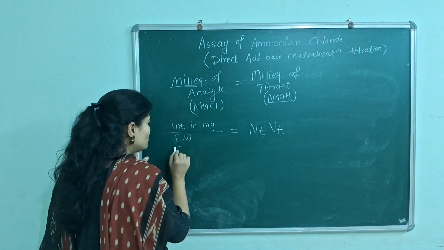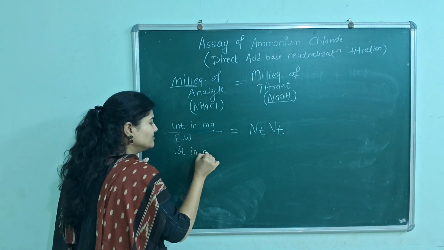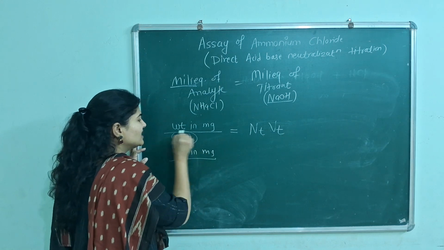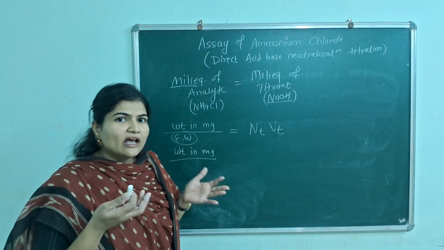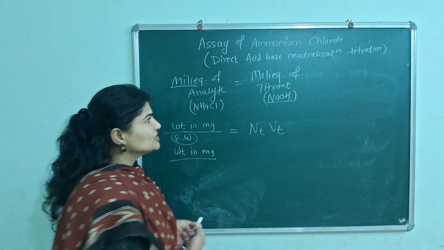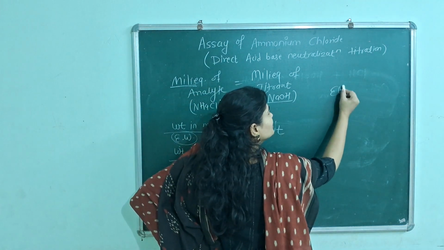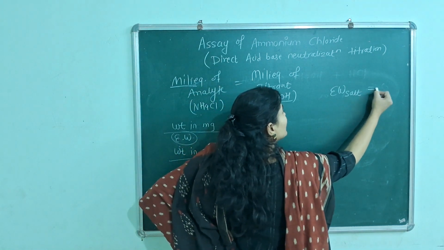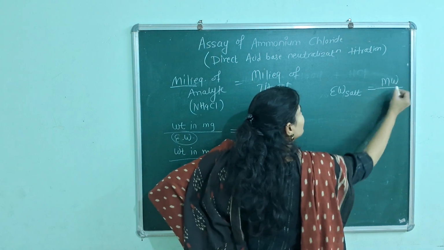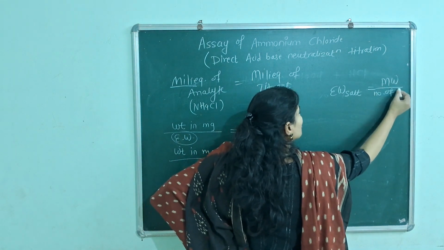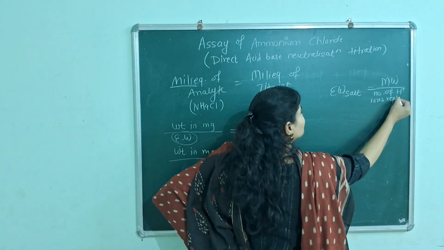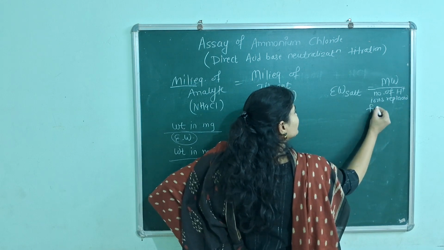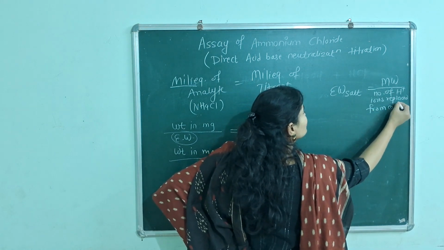I'll tell you. Now I have to calculate the weight in milligram. So for that I should know the equivalent weight. So ammonium chloride is a salt. And how do we calculate the equivalent weight for a salt? It is calculated by taking its molecular weight and dividing it with the number of H plus ions replaced from its parent acid or from its conjugate acid.